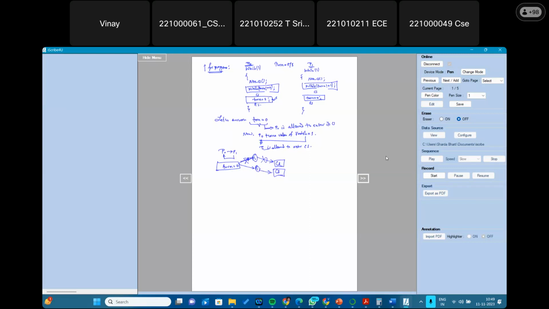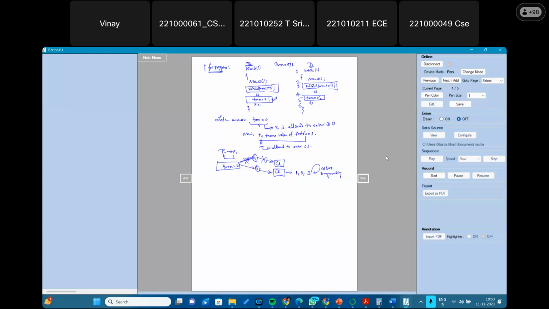So you can see here, since the value of turn is 0, P1 will not execute. You can see here 1, 2, 3, 4, 5, 6. It executes 1, 2. At 3, it will go to the infinite loop or busy waiting.